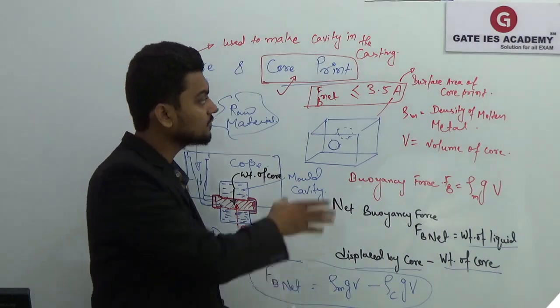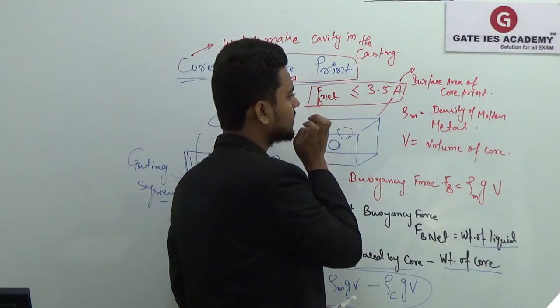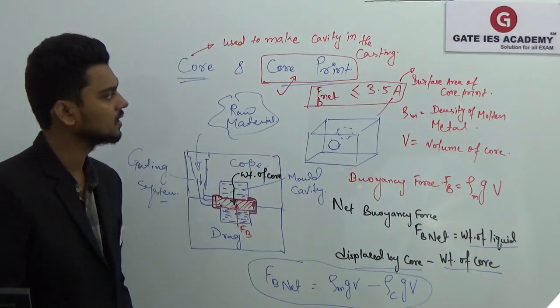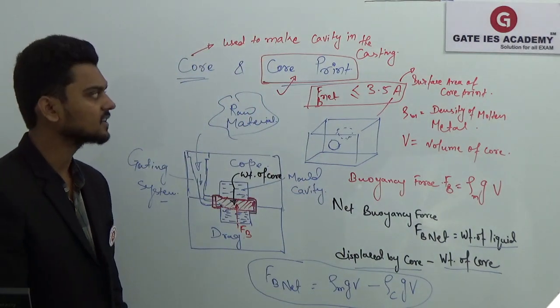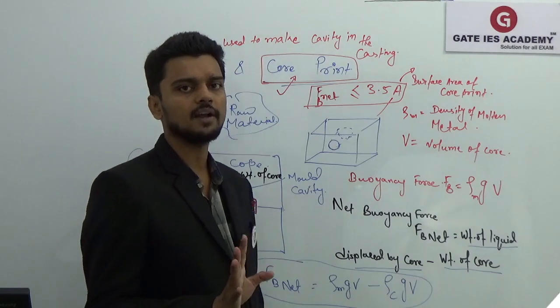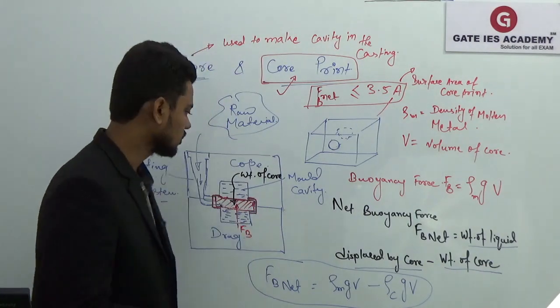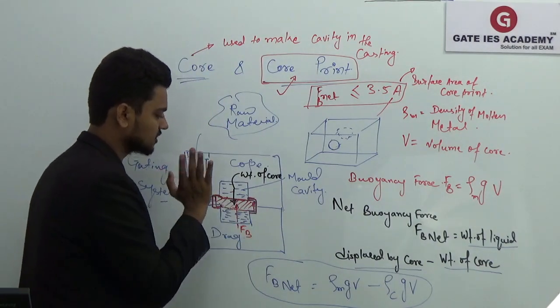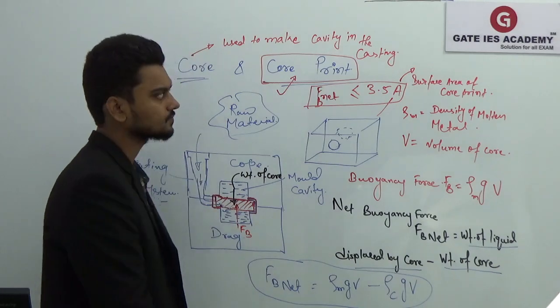Okay, so if that unsupported load is less than or equal to 0, in that case we do not require the extra support in order to keep that core in position in that mold cavity.